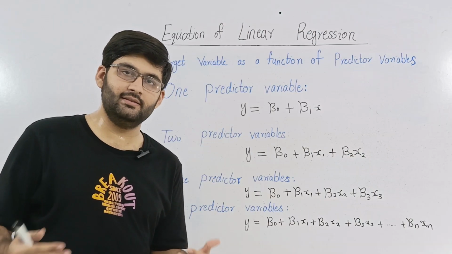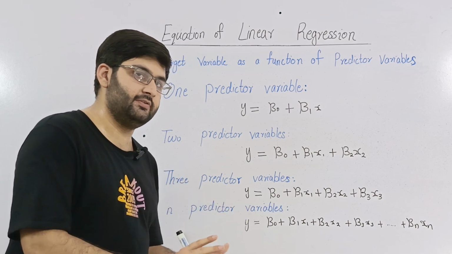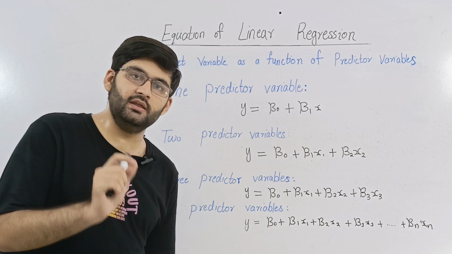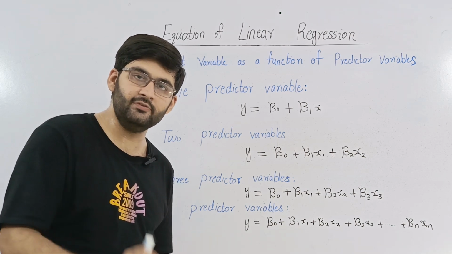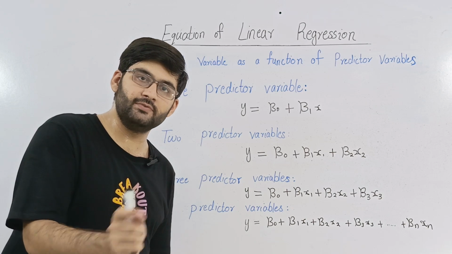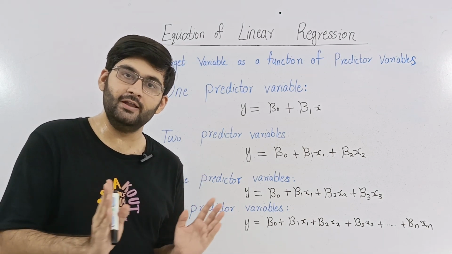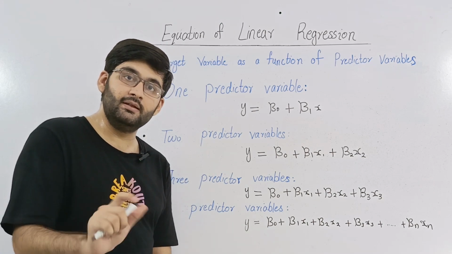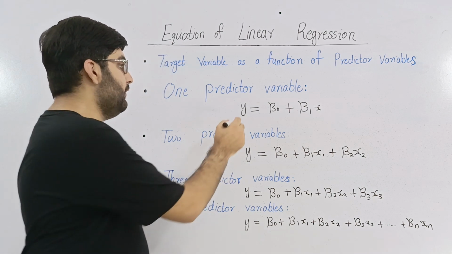We want to write the target variable as a function of the predictor variables. That means we want to obtain an equation in which if we plug in the values of the predictor variables, we get the value of the target variable. So in case there is only one predictor variable, then the target variable will be written as a function of the predictor variable in this form.